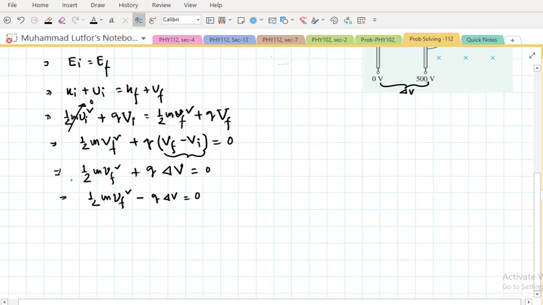Then I can find the speed of the charged particle: v equals the square root of 2 q delta V divided by m.